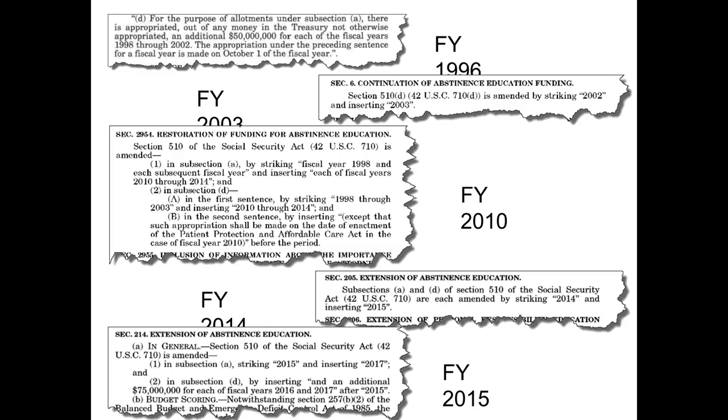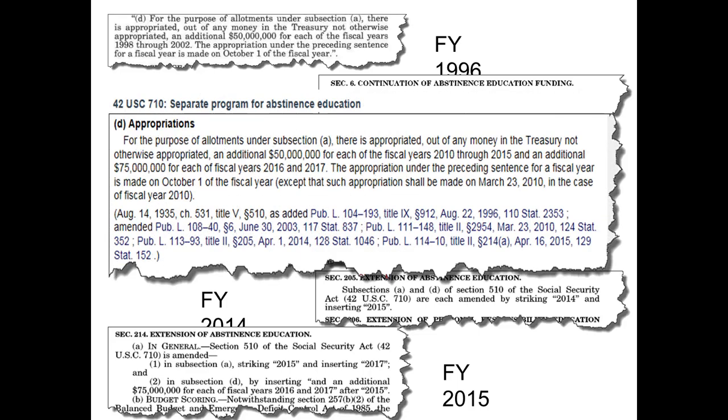If you wanted to use stat references, you would need to cite both the amending legislation as well as the legislation being amended in order to properly document the appropriation, since the amending legislation doesn't always include the amount. But there's a better way to cite these types of permanent appropriations by using the United States Code.